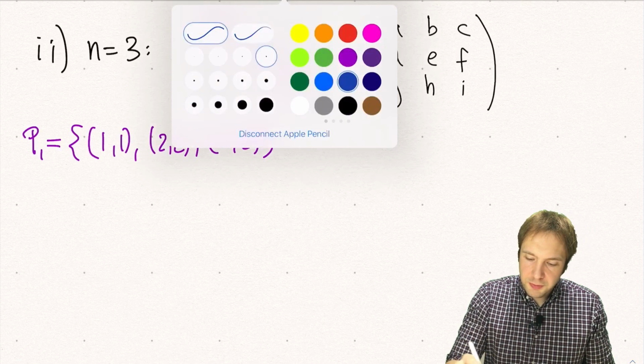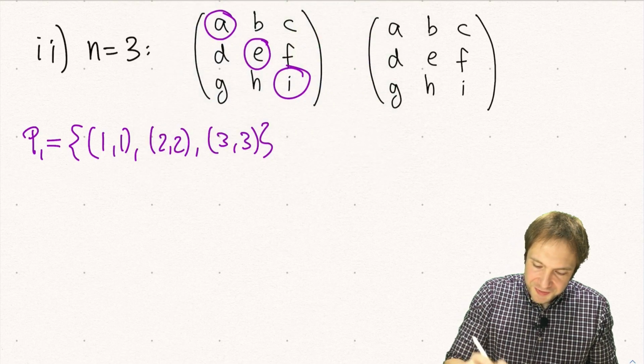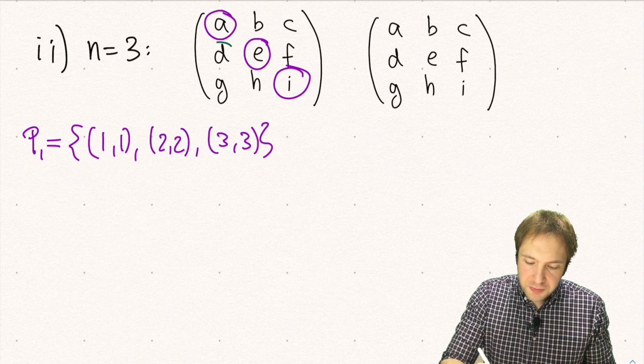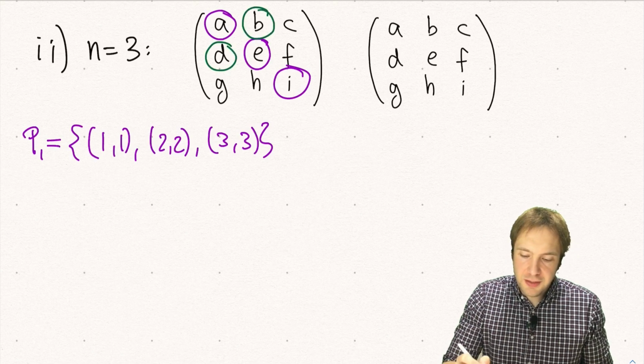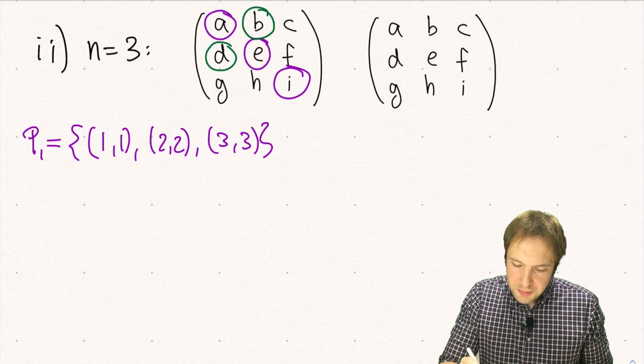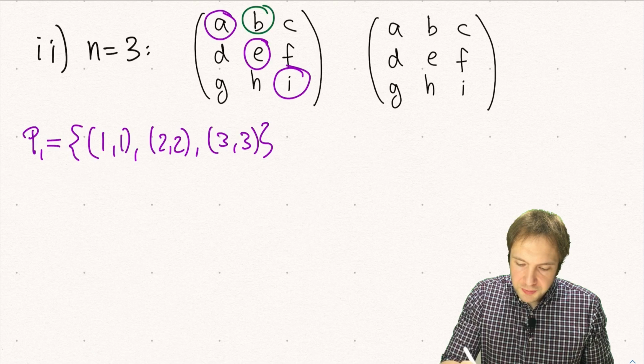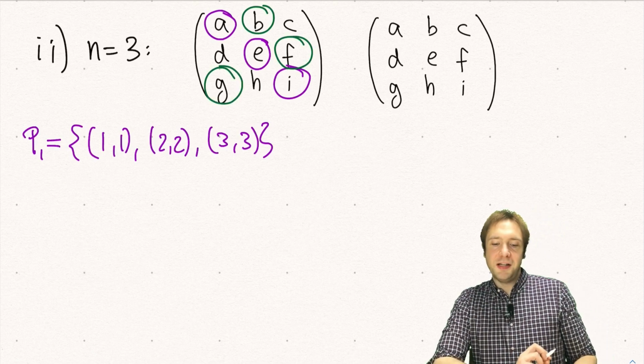And next one, let's for example choose this entry, and I want to choose this one, and this one.